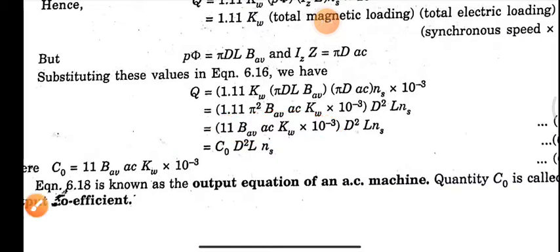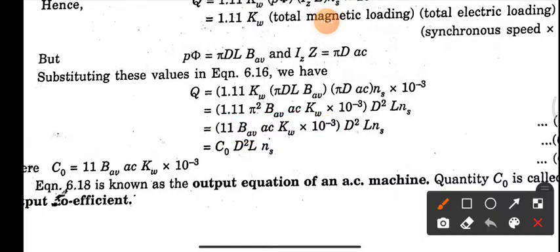So our final output equation will be Q is equal to C0 d square l Ns. Here C0 is the output coefficient of the AC machine, and this entire equation is the output equation of an AC machine.